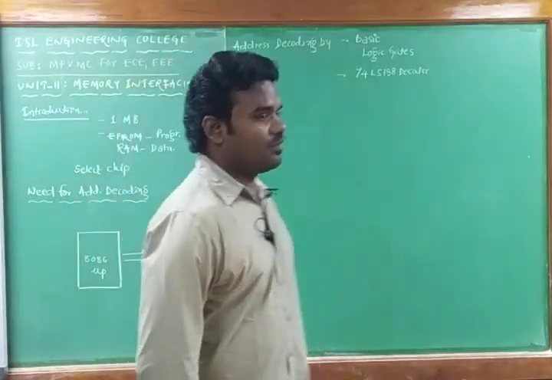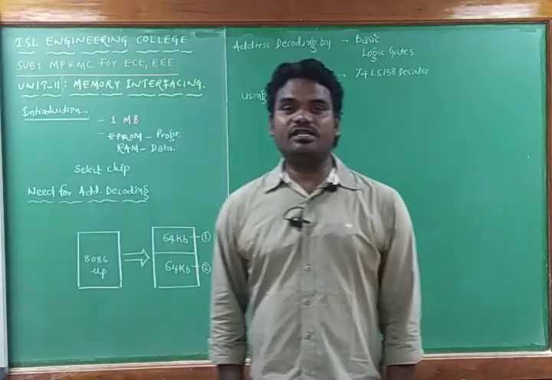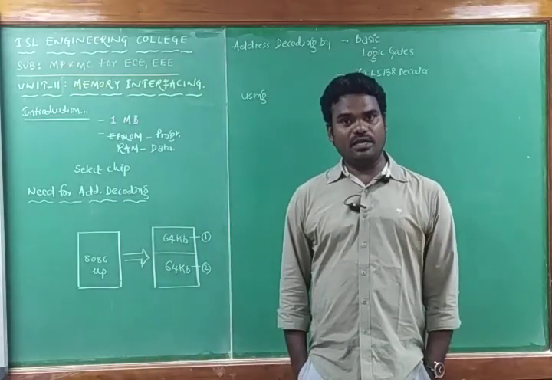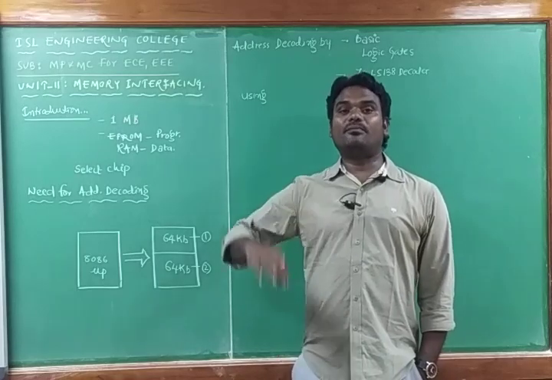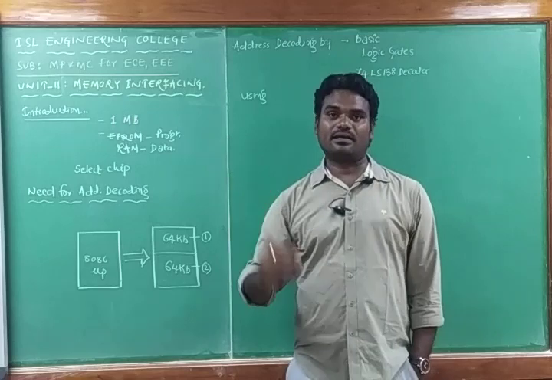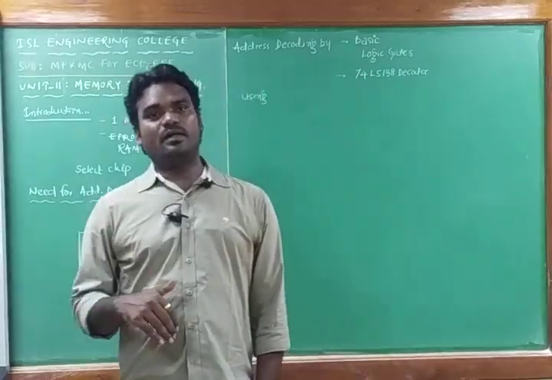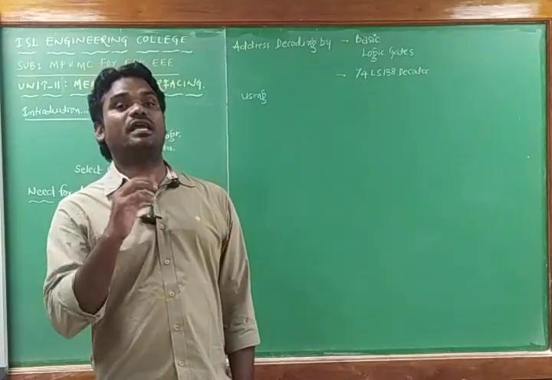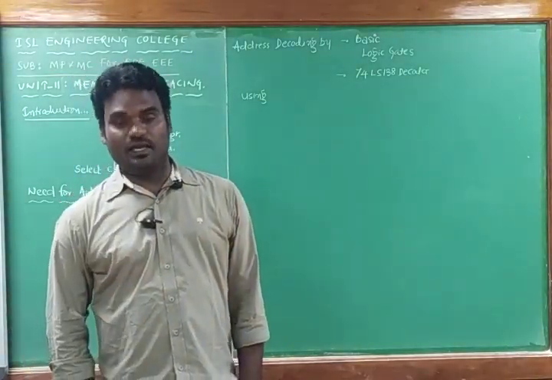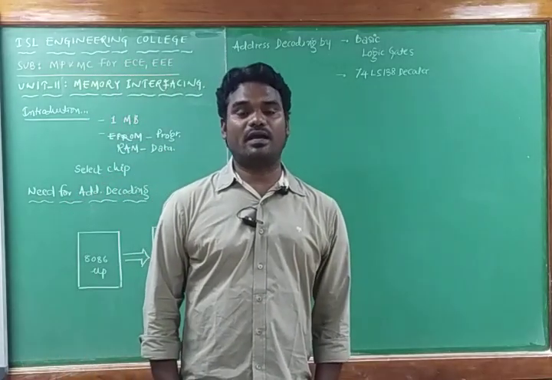This is a very important point, because whenever we interface the 8086 microprocessor with memory, that memory chip has to be selected by the processor for accessing it. After selecting that chip, the microprocessor has to send one particular 20-bit address, one location with respect to the address.